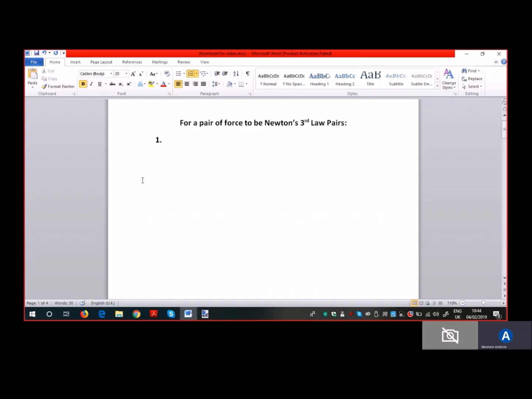The first one is they should act on different bodies. Then they should be the same type, the same size, and have the same line of action.